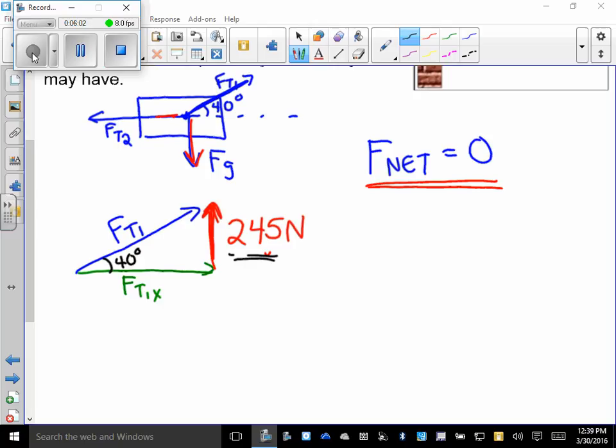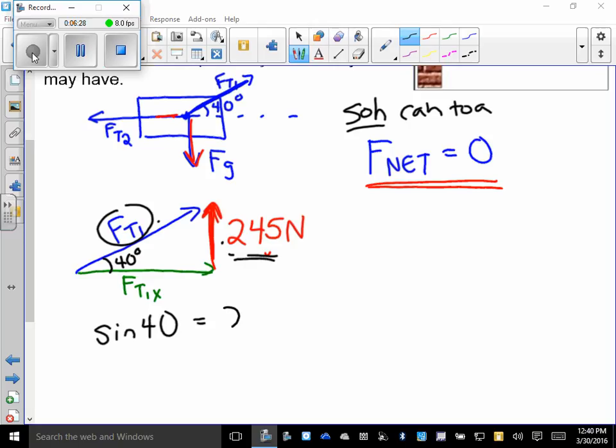I bet I could find this force here. Okay, so I'm looking for opposite and hypotenuse. Opposite and hypotenuse, I'm going to use sine. So sine of 40 equals opposite, 245 newtons, over the force of tension 1.